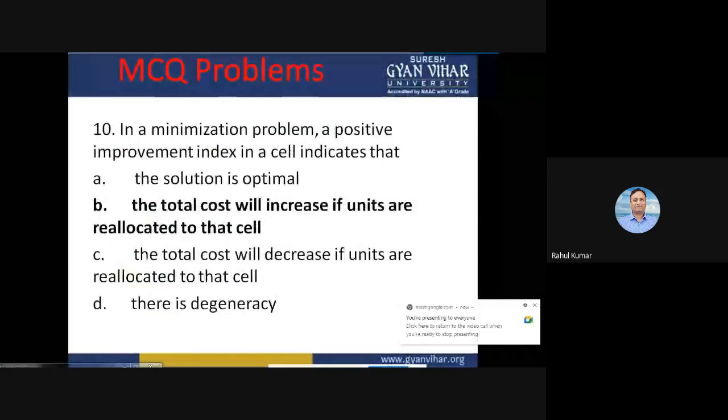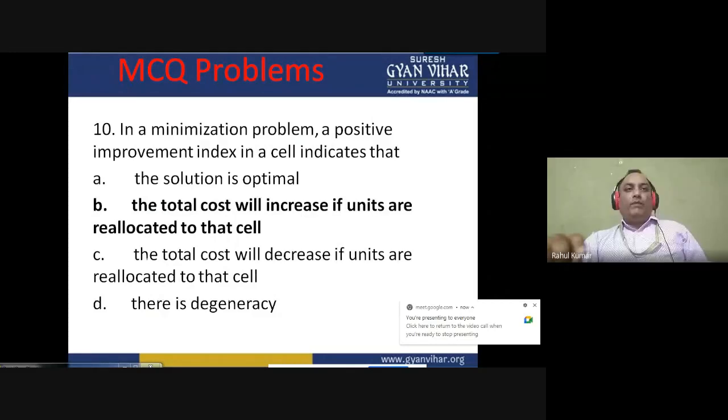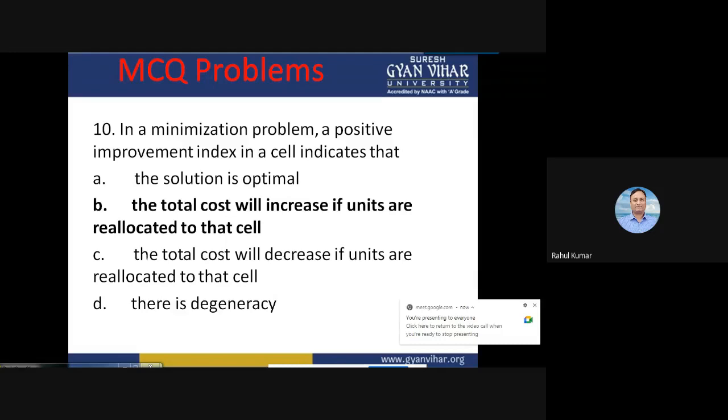In a minimization problem, a positive improvement index in a cell indicates that the solution is optimal, the total cost will increase if units are reallocated to that cell, the total cost will decrease if units are reallocated to that cell, or there is a degeneracy.